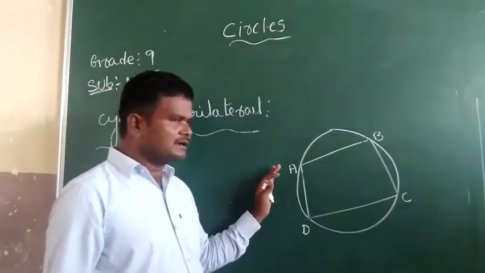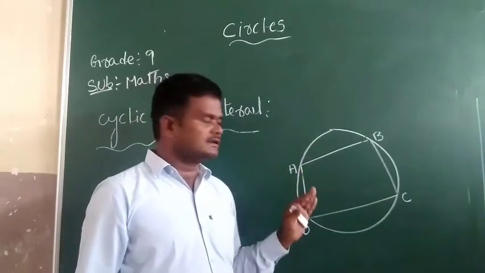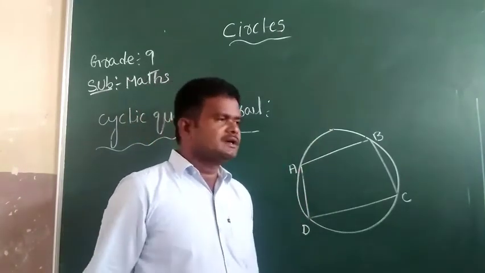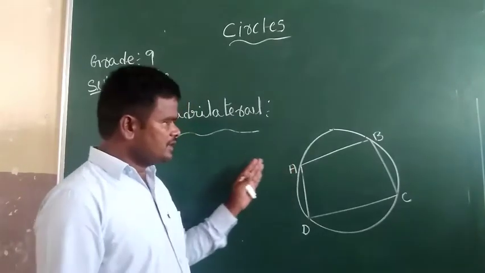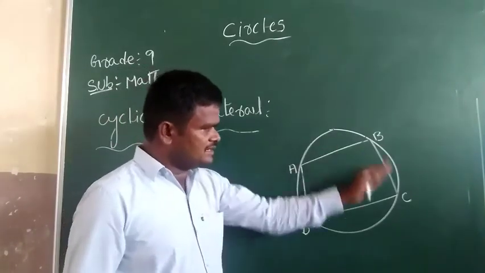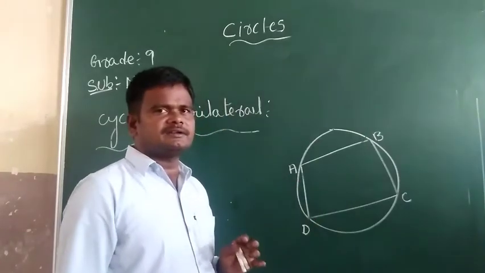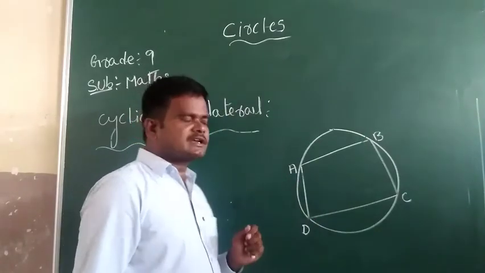A quadrilateral whose vertices all lie on the circle is called a cyclic quadrilateral. So ABCD is a cyclic quadrilateral.